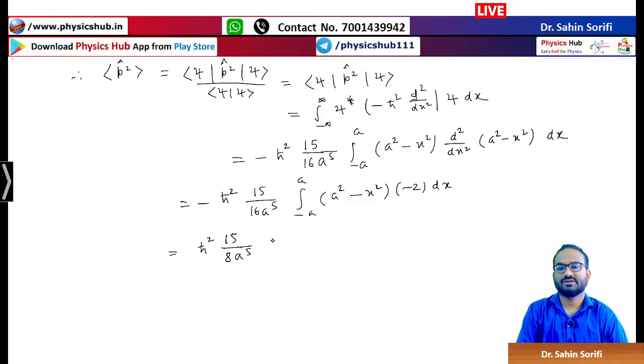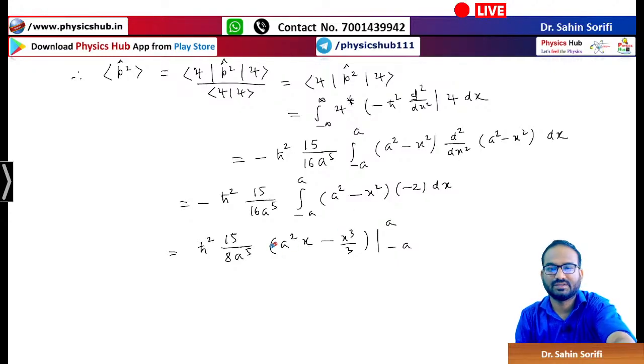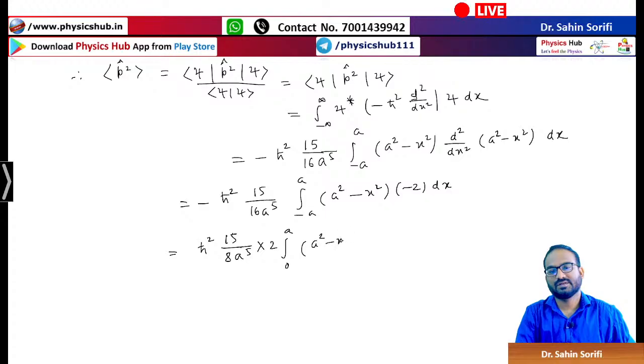So the integration of dx gives x cube by 3 from minus a to plus a. Or you can also write, because this is an even function, we can do one thing: write it as 2 times the integral from 0 to a of a square minus x square dx.